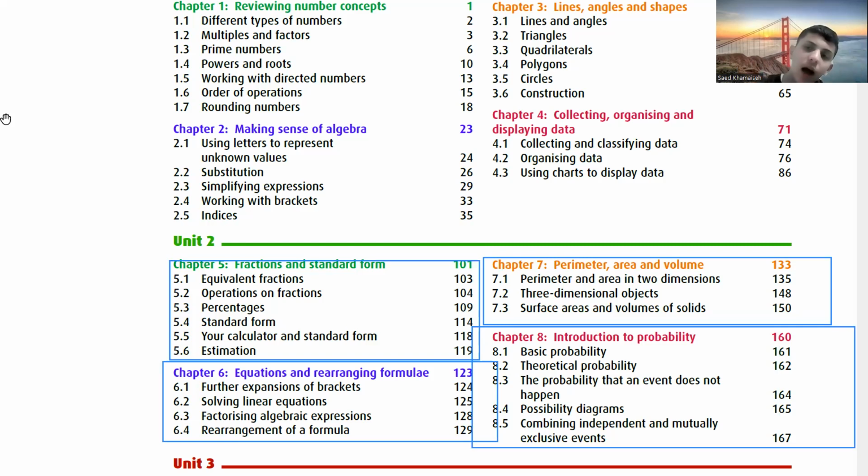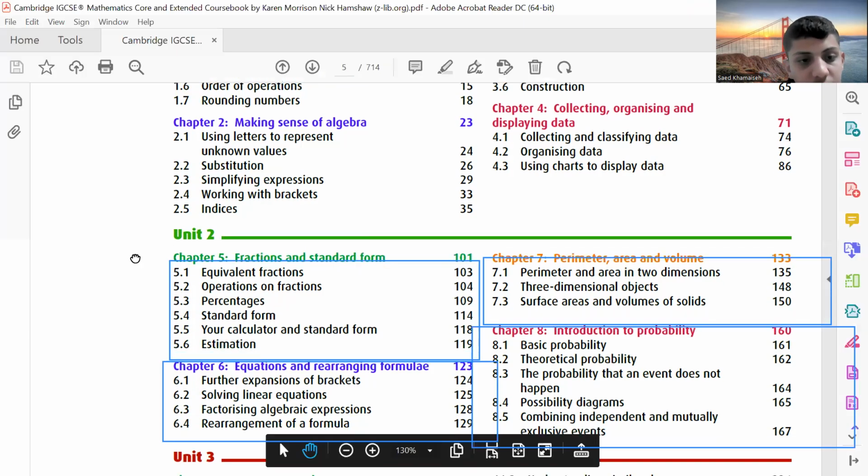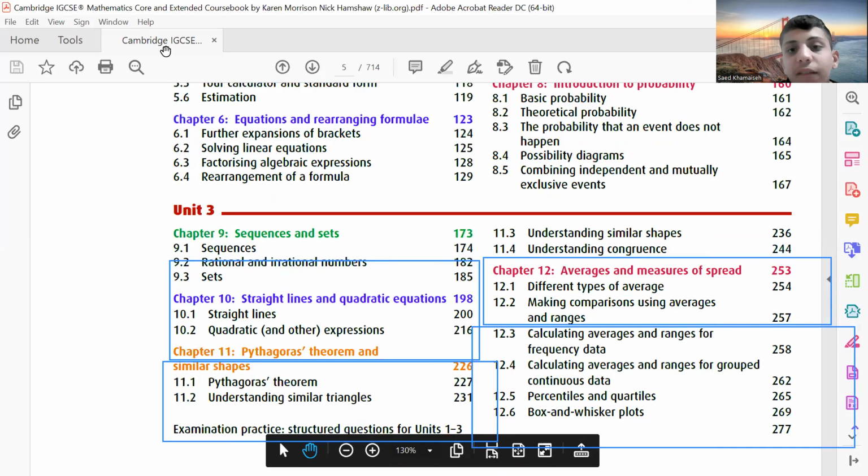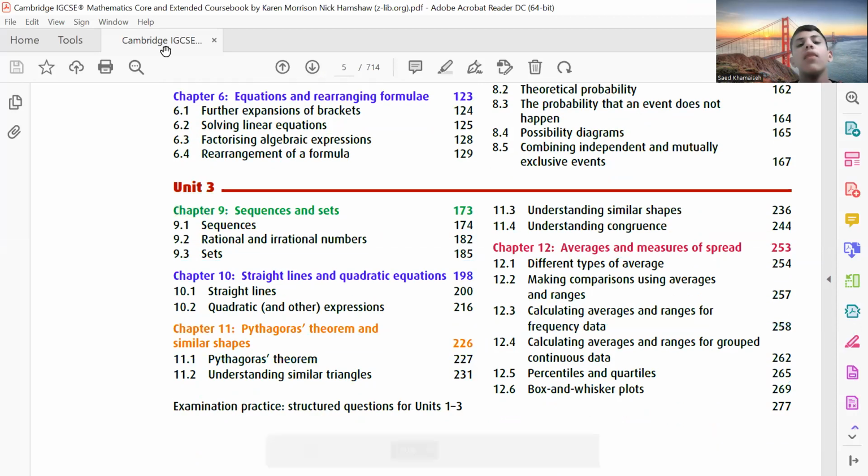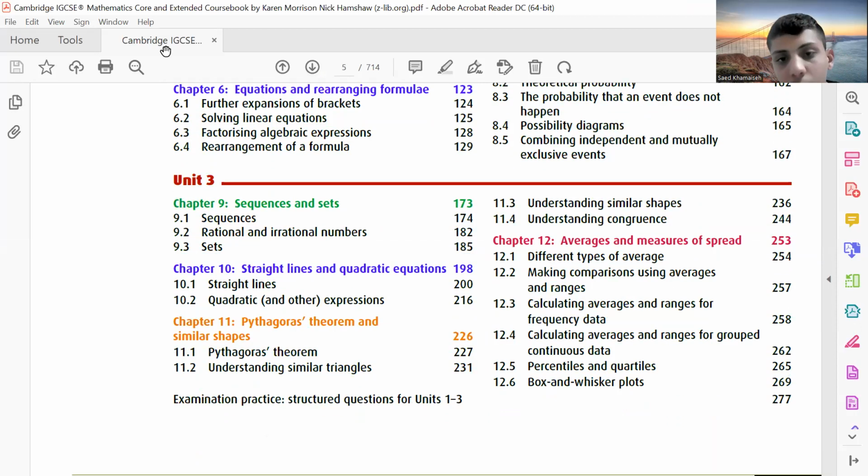We can take questions from the core, but we will take all the important questions from the extended part. So it is important to know, because we see that the extended part has more marks than the core.